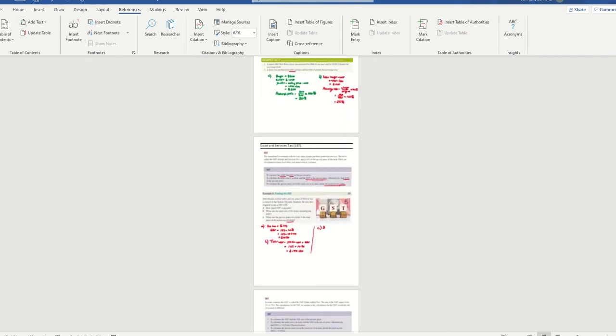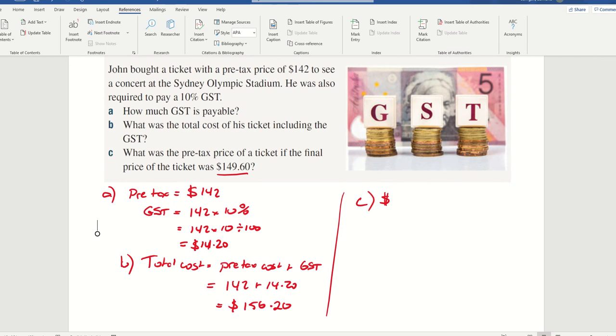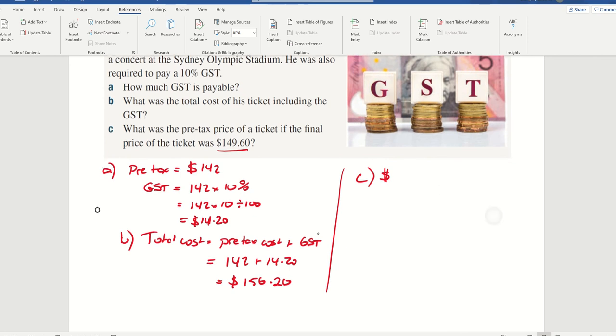So what we recognise is that the cost, 149.60, is equal to 110%. So 1%, if we use the unitary method, is going to be equal to 149.60 divided by 110.